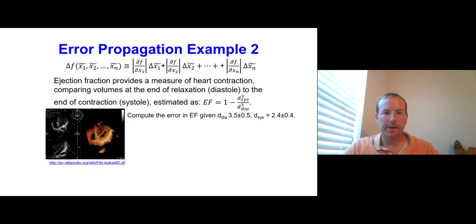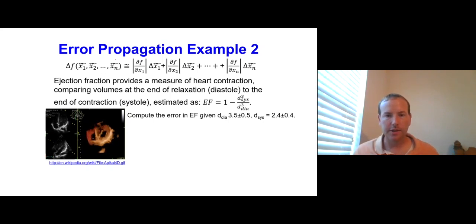What we're doing here is comparing the volumes at diastole, which is when the heart is fully relaxed and stretched out, versus the volume of the heart when it's contracted down, which is called systole. As you see in the video, it goes back and forth between diastole and systole.